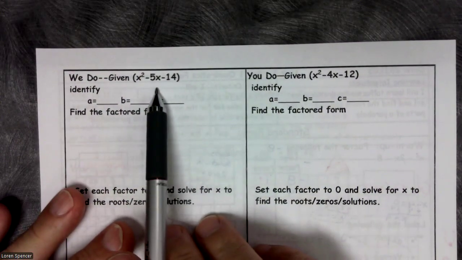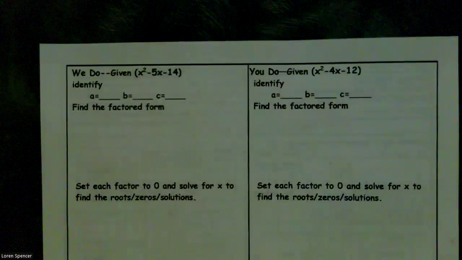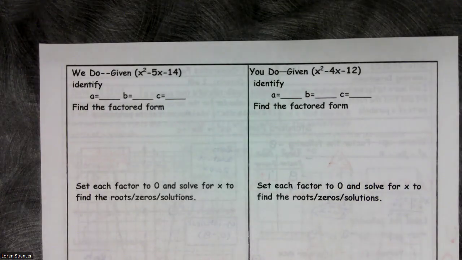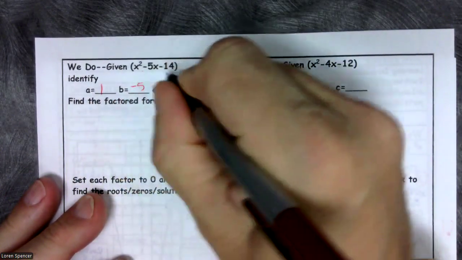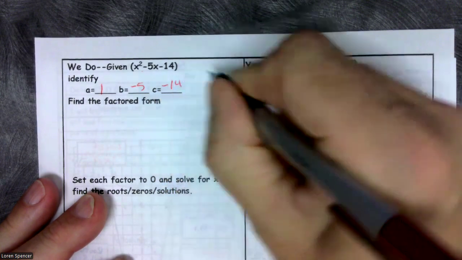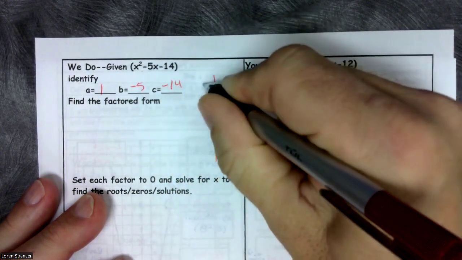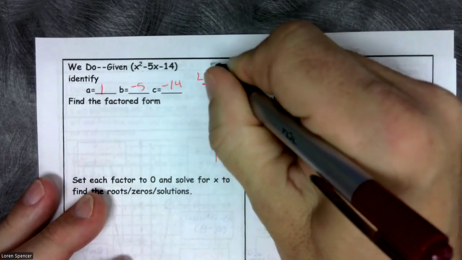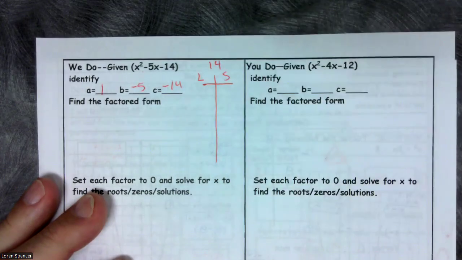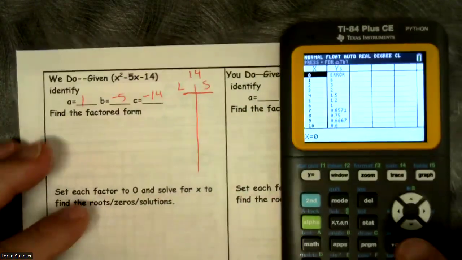We have x squared minus 5x minus 14. So we have A equals 1, B is negative 5, C is negative 14. So this is my large factor, this is my small factor. I need the numbers that make up 14.